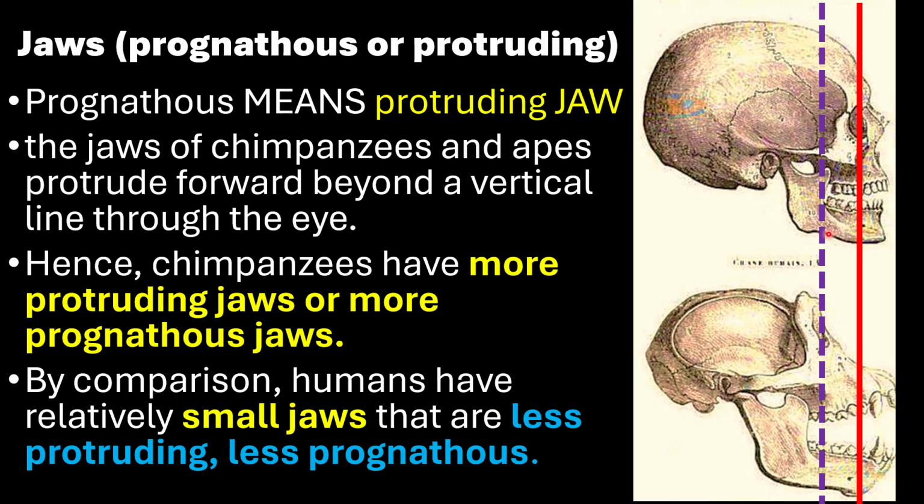This is the jaw, and the jaw is well positioned under the eye socket. You can't say the same about the chimpanzee. This is the eye socket, and you can see the jaw, the majority of the jaw, most of the jaw is in front of this line. This is a line for chimpanzee. This is a line for human being. So that's what is said here. So human beings, we have relatively small jaws. Our jaws are small if you compare it here, and they are less prognathous. They are less protruding. They don't move forward like this jaw, which is actually forward.